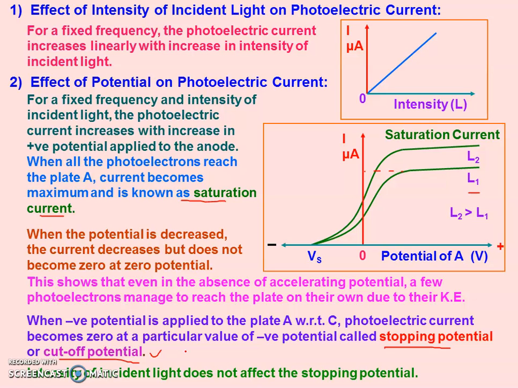The intensity of incident light does not affect the stopping potential. Now see in this graph, there are two intensities I1 and I2, but for both the radiations, the stopping potential is the same. It means stopping potential does not depend on the intensity of light, right? It is the characteristic of the metal.